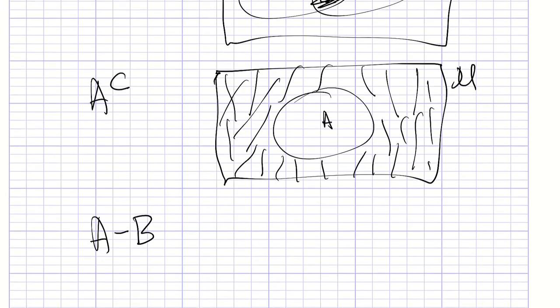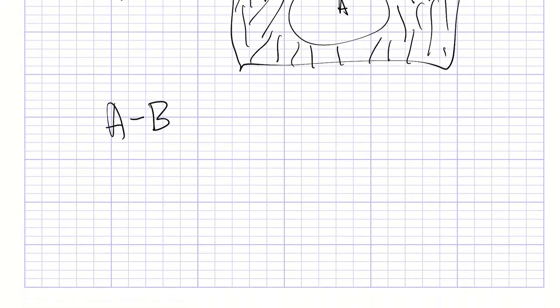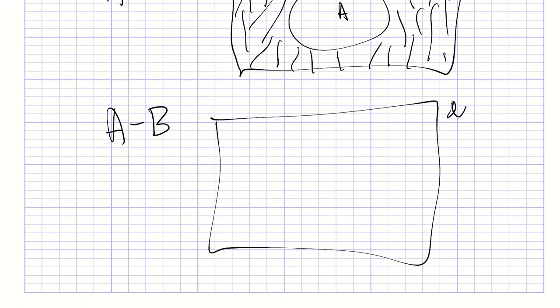Okay. What of A minus B? The difference between A and B is called the difference of sets. How do you draw that? You start with the universal set, and then the difference of sets consists of the elements of A that are not in B, right?